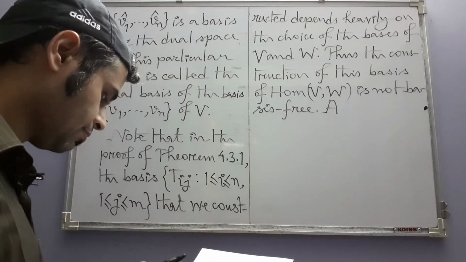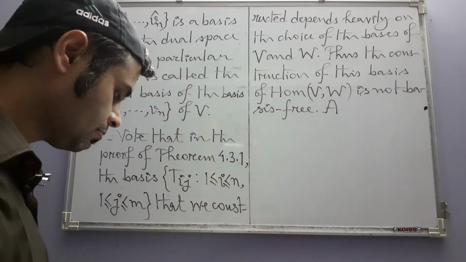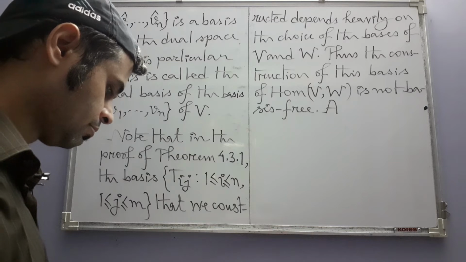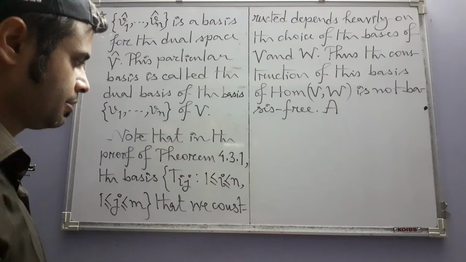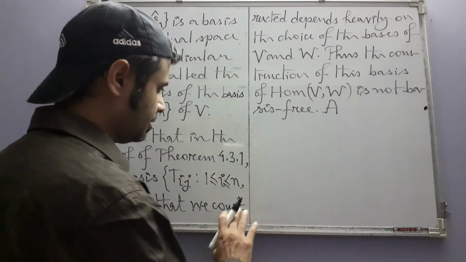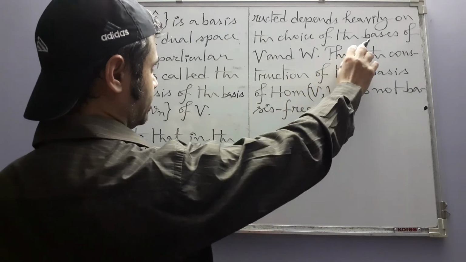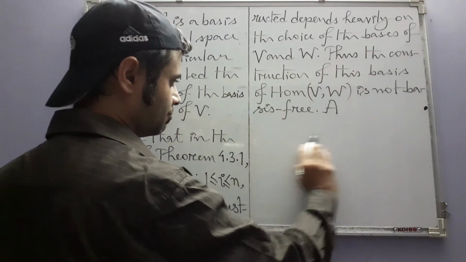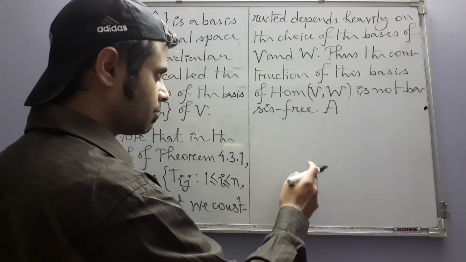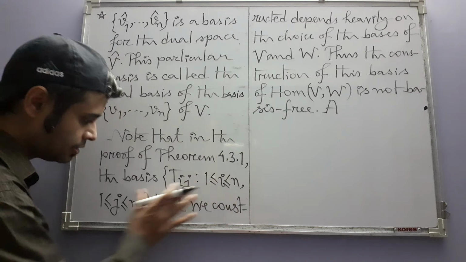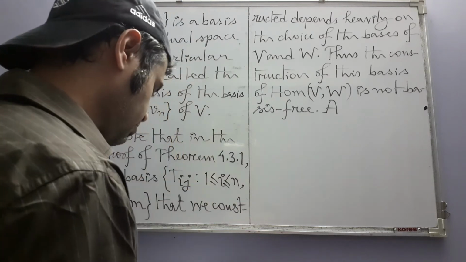I forgot. Invariant, oh, proof, of course, proof, yes. I don't think there is, we need to write something more about this. Of course, you understand that if those two bases of the Vi's and Wj's, if we changed any one of them or both of them, then this basis will change. So this is not a basis-free construction.